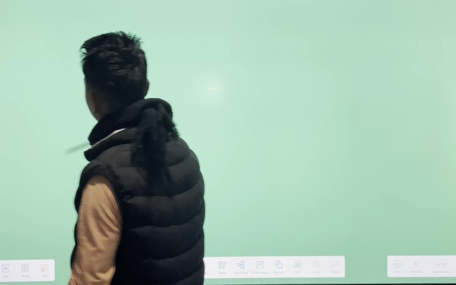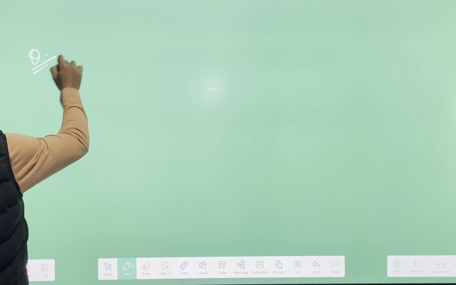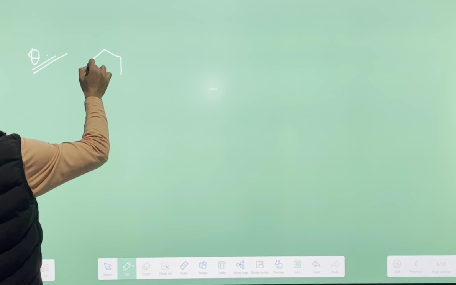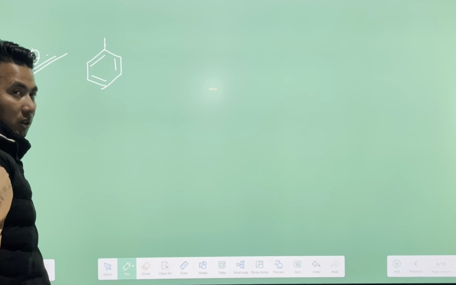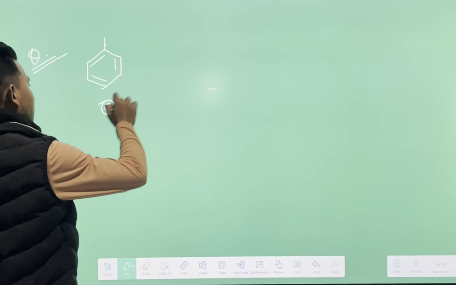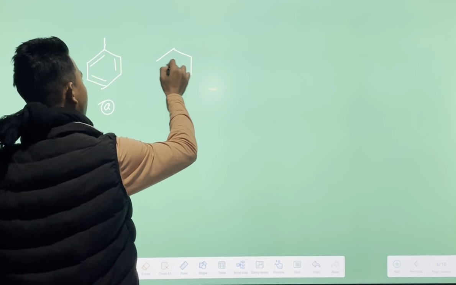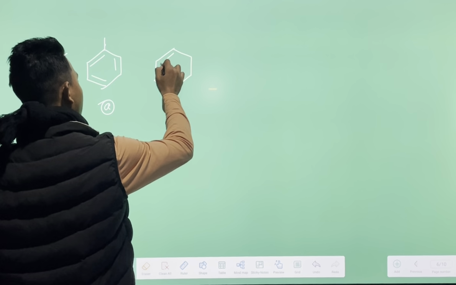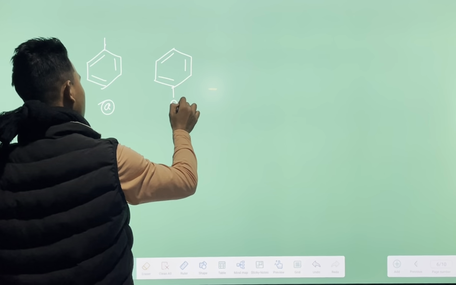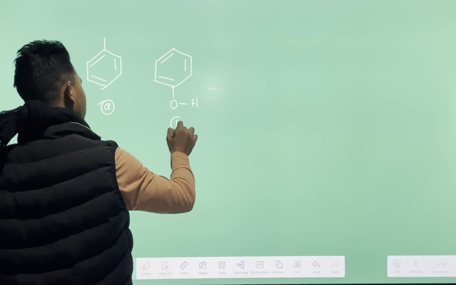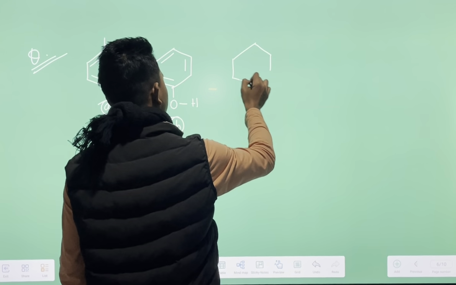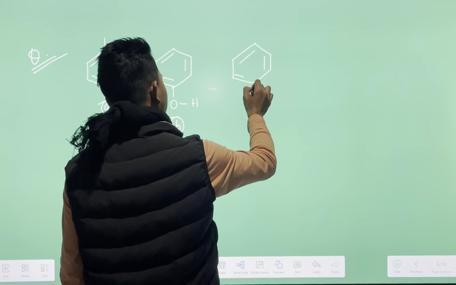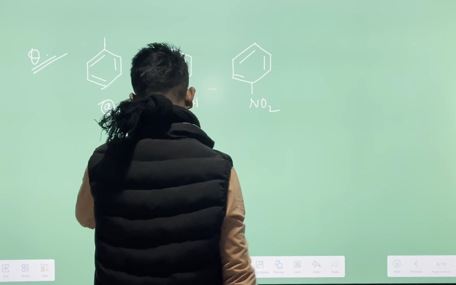Let's take an example question. This is benzene, toluene A, OH is this B, and this is nitrobenzene.